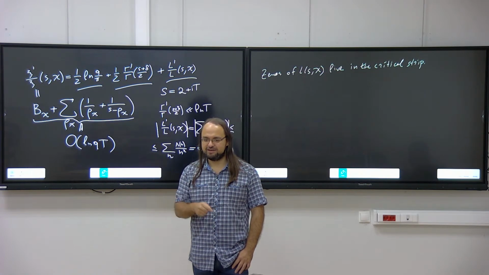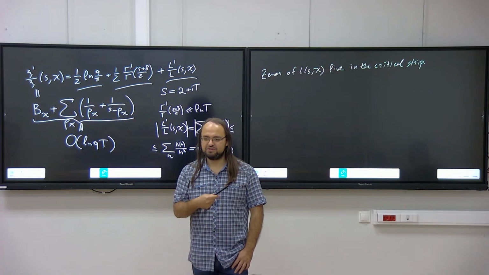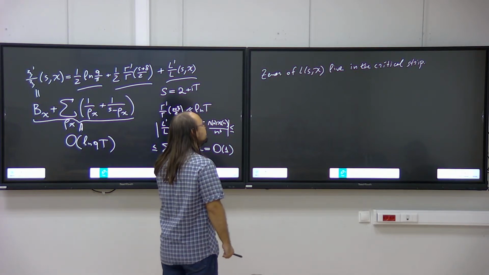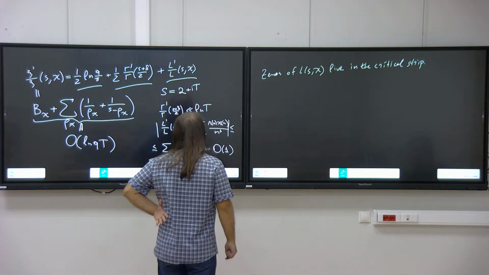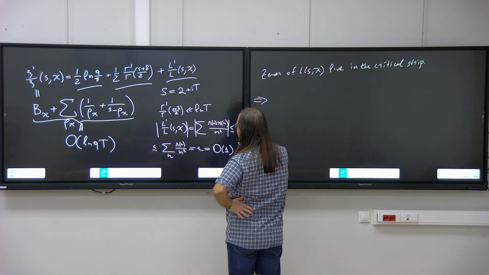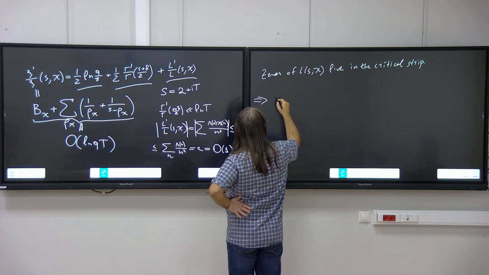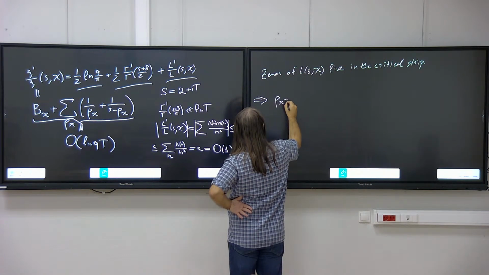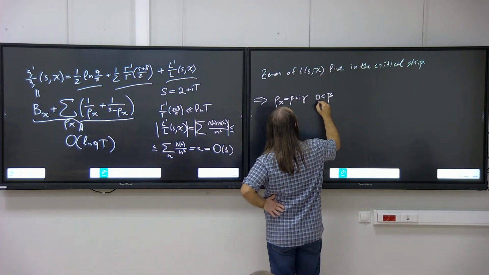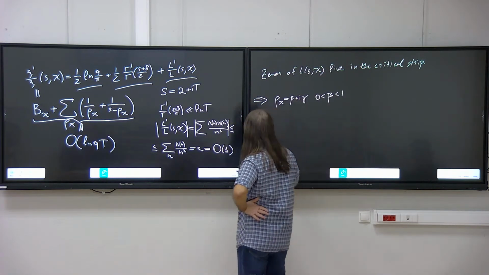And if you are to the left of the critical strip, you use the functional equation. Okay, so zeros live in the critical strip. So what do we get? This means that everything is of this form, with beta greater than 0 and less than 1.